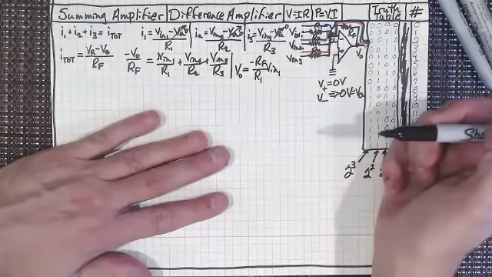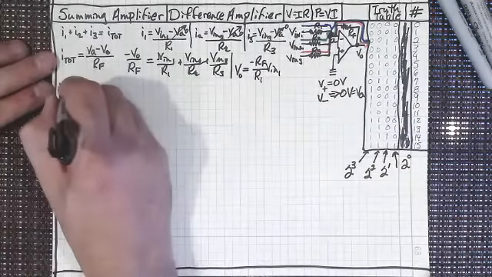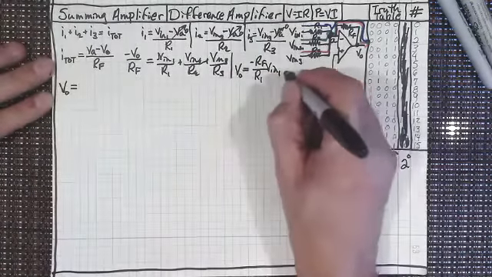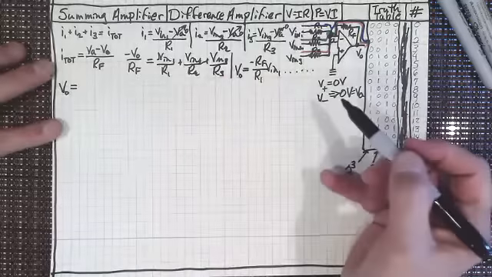Well, I won't have enough room to write that all out. Let me write it down here. V out. I think everybody can see what that's going to turn into.